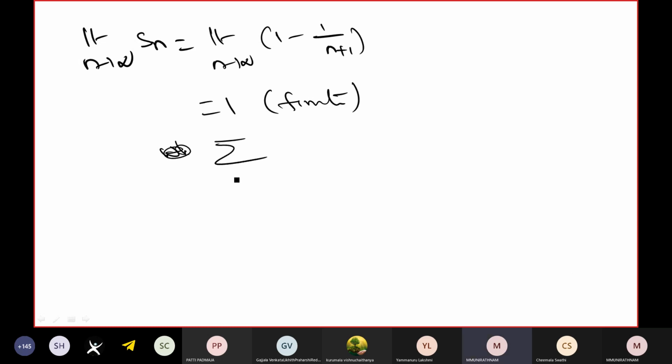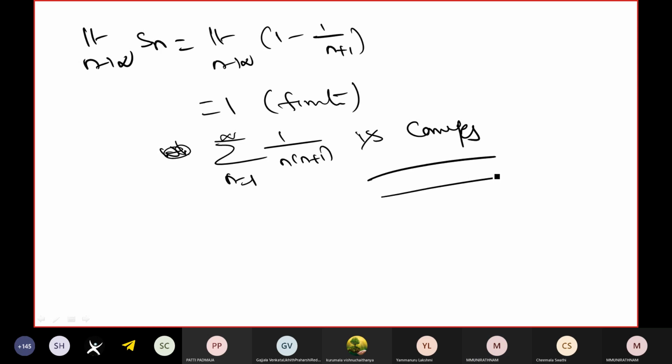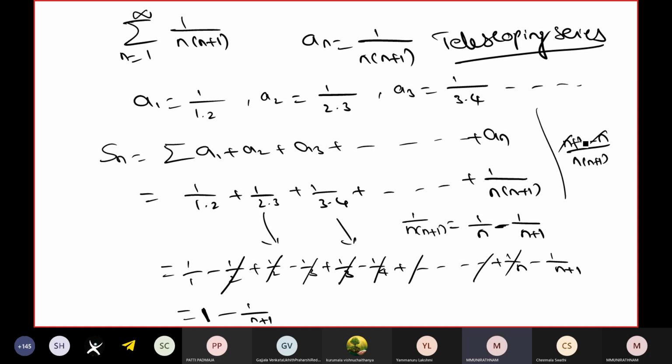So summation n equal to 1 to infinity 1 by n into n plus 1 converges. Any doubts? This is very important. Telescopic series is very important.